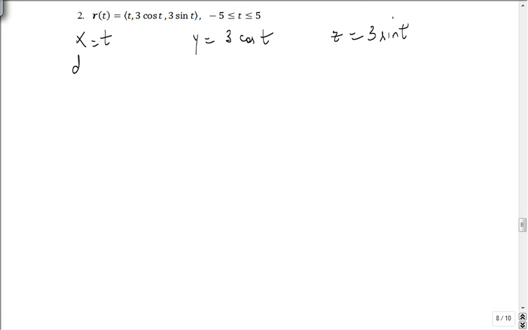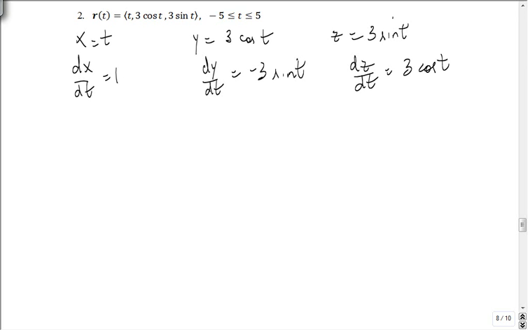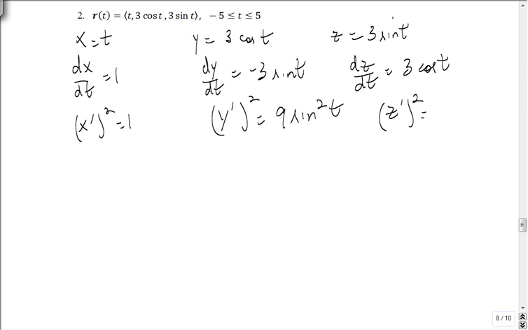Can I have the derivatives? dx dt, dy dt or y prime, negative 3 sine t, and z prime or dz dt, 3 cosine t. Now let's square them. X prime squared is obviously 1, y prime squared is 9 sine squared t, and z prime squared is 9 cosine squared t.